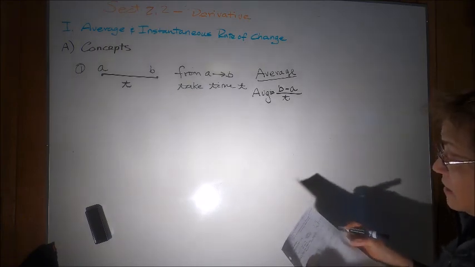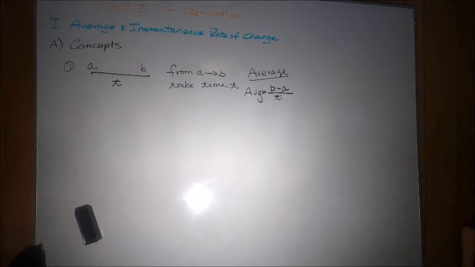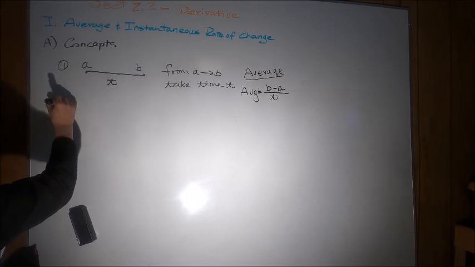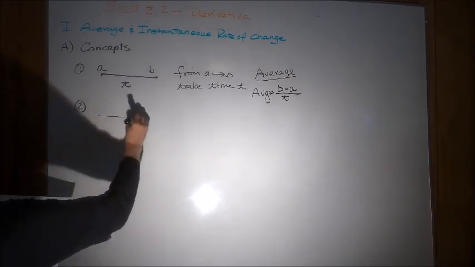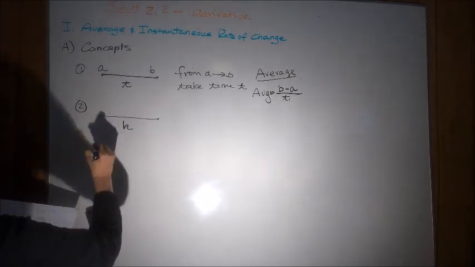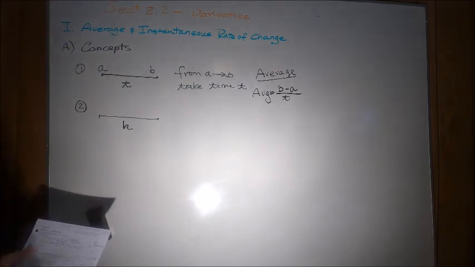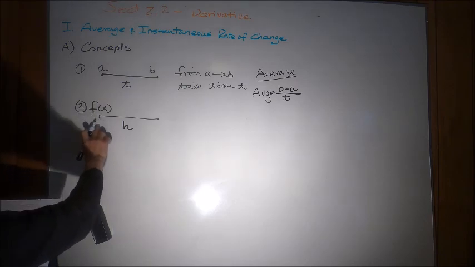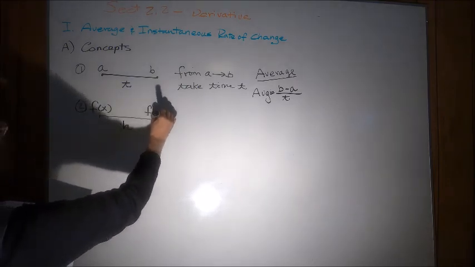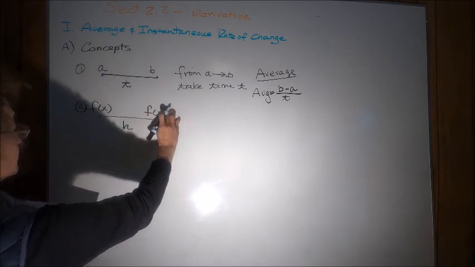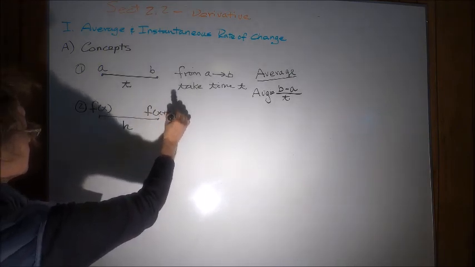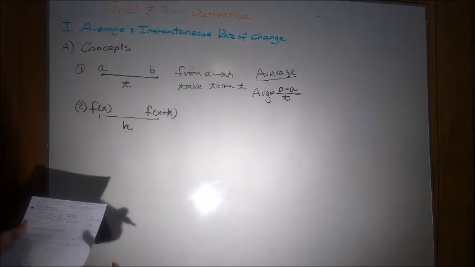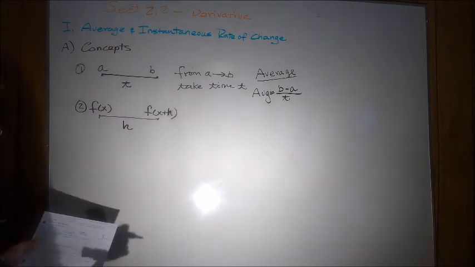If I look at another thing, it's a little bit abstract. If I take h time over that point, and my y goes from here to another y here, what are we talking about?